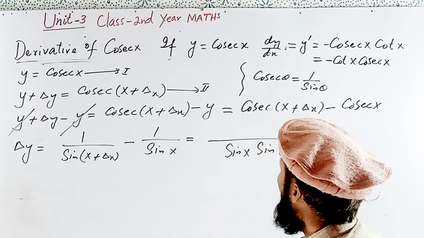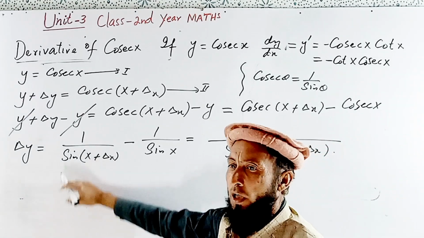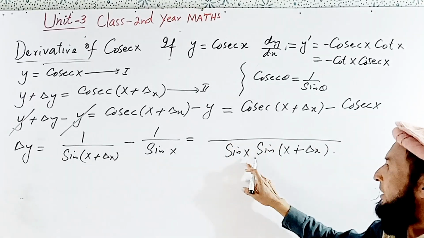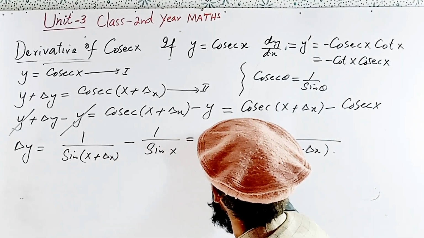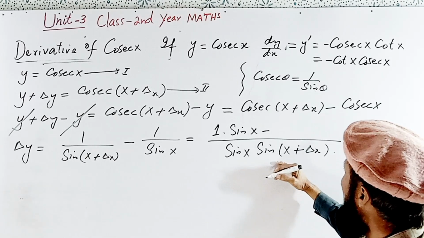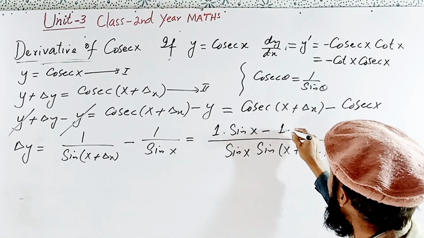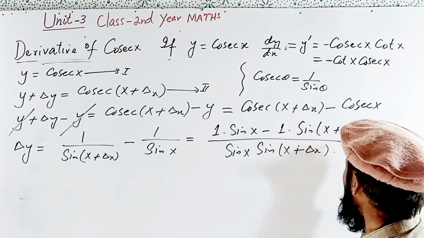Sin x is multiplied with the numerator of the first term and sin of x plus delta x with the second term, giving sin x minus sin of x plus delta x, divided by sin x times sin of x plus delta x.